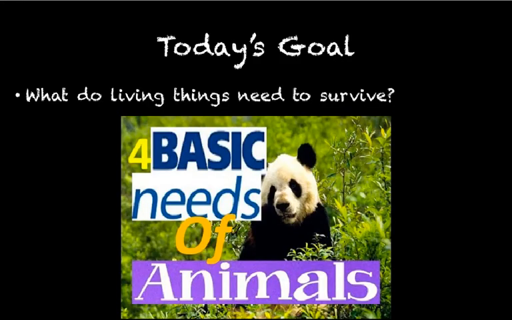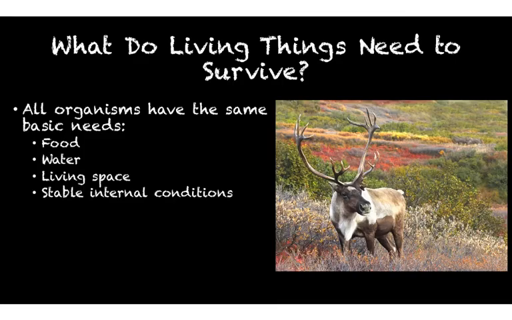So our second goal for today is: what do living things need to survive? We are going to understand the 4 basic needs of all organisms on Earth. Those 4 needs are food, water, living space, and stable internal conditions.